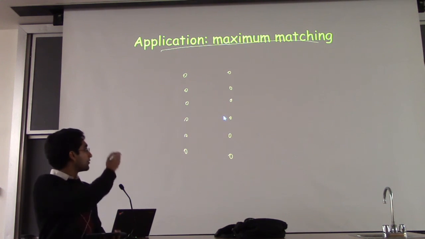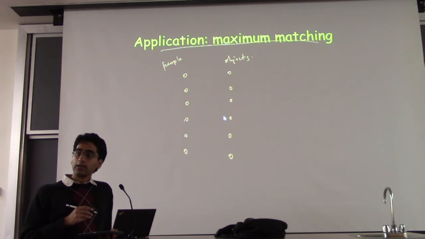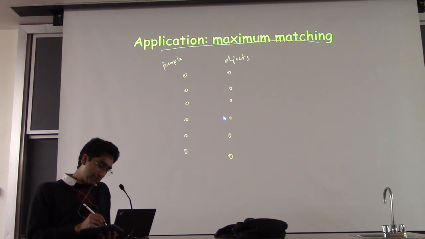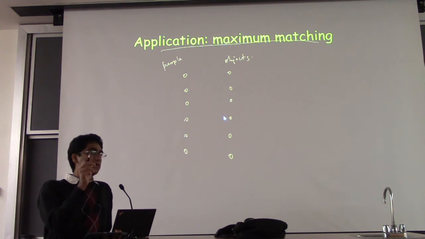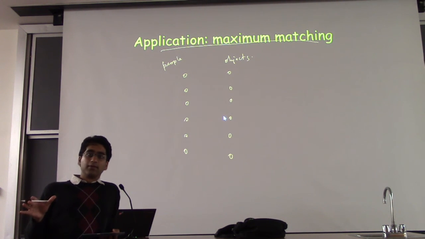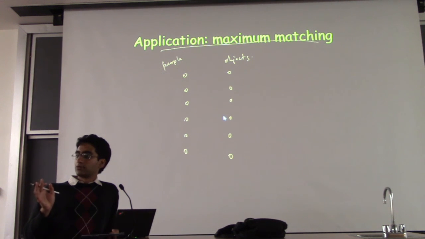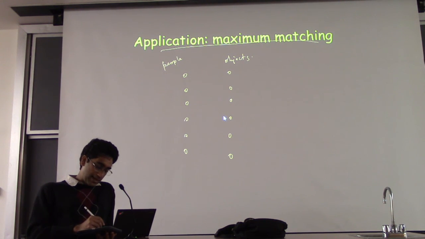So you have a bunch of people and a bunch of objects. Every person has a value for the object, and suppose the values are just 0, 1. So he either likes that object or dislikes it. Every person has a subset of objects that he likes.